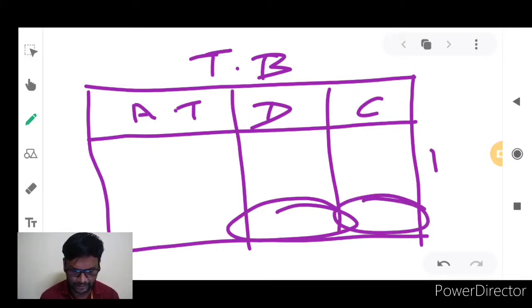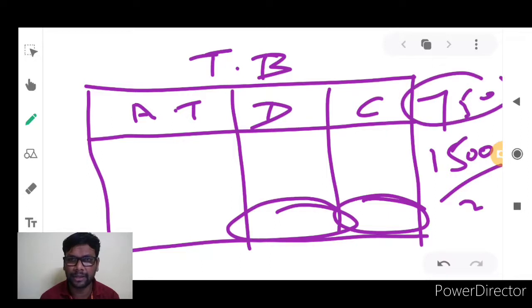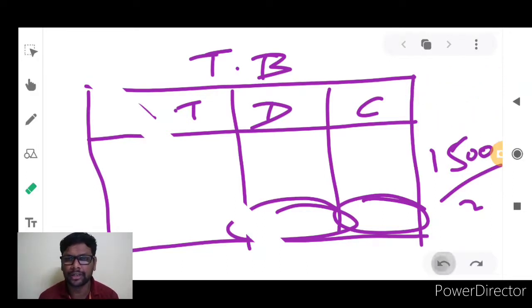So here, the first step, the 1500 rupees is divided by 2. Then 750 will come. All the 750 items he is searching in the debit side of the trial balance and at the same time in the ledger account. But in the other way, this 1500 may not have been recorded, which means it is omitted.